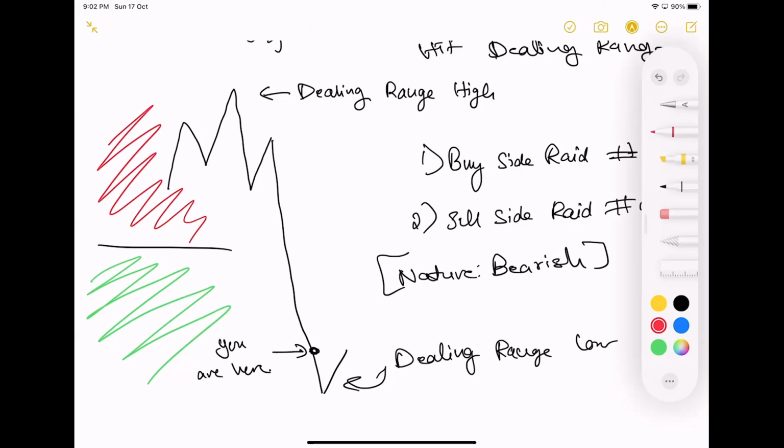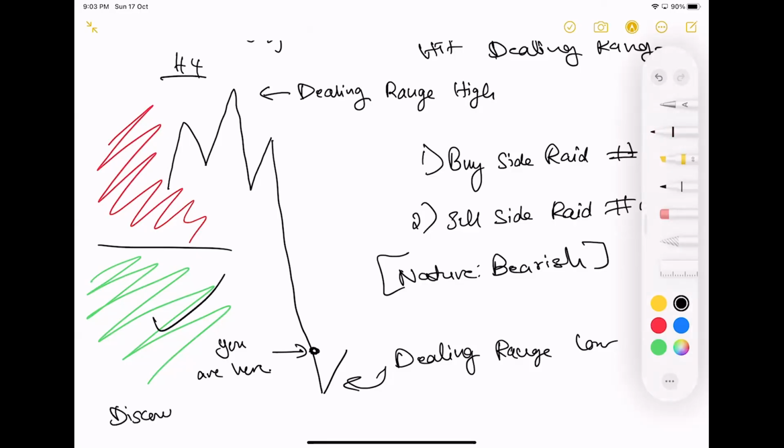You're going to be buying, right? Someone tell me why you will be buying if the nature of this range is bearish, and let's say this is the 4-hour, so H4. Because we are in discount, right? Correct.